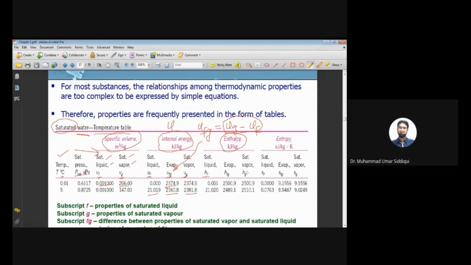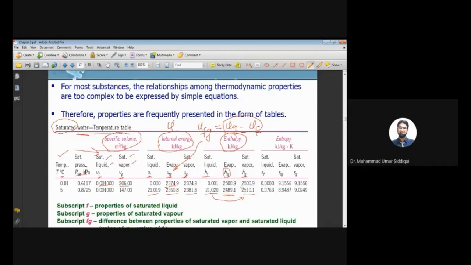HG is the enthalpy at this specific temperature for saturated vapor. And then HFG is what? HG minus HF. As simple as that. Nothing more. Subtract the HF value from the HG value and you're going to get HFG. So 2510.1 minus 21.020 is going to get 2489.1.